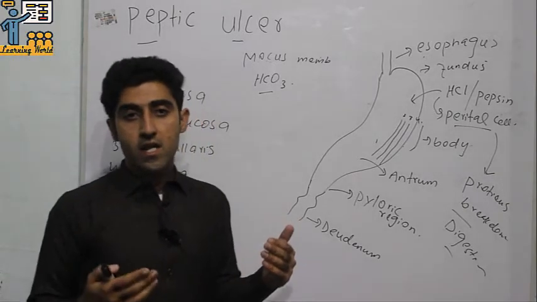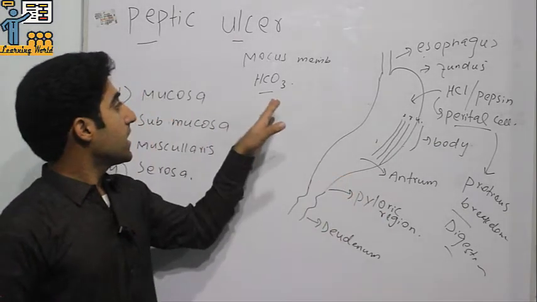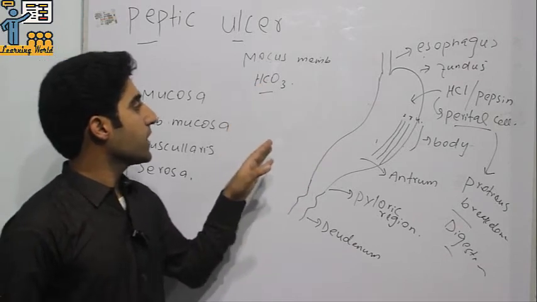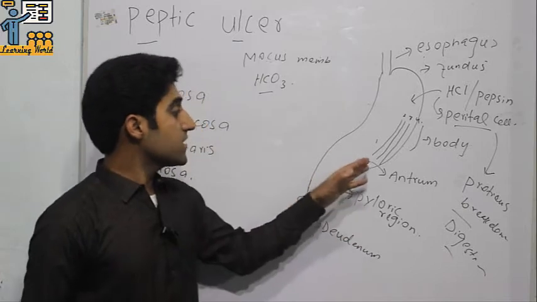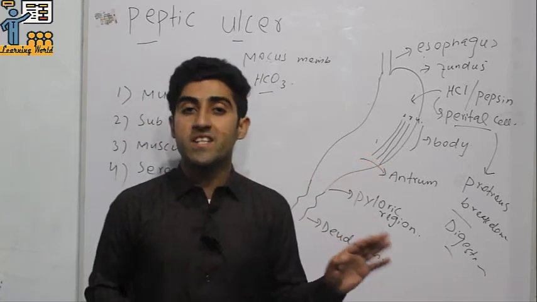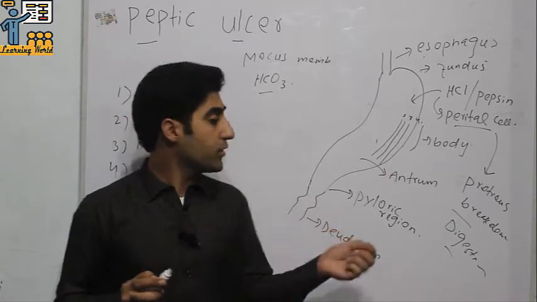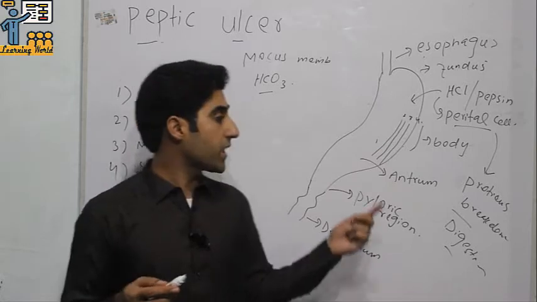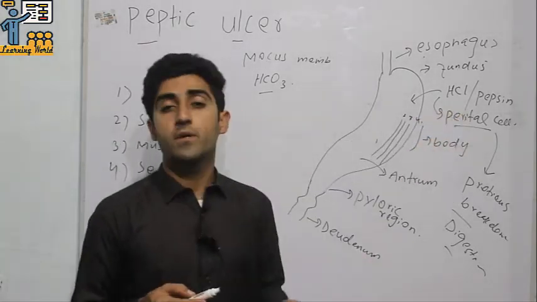Actually, these layers are made from protein. So, if the defensive factors of the stomach, such as mucous membrane and bicarbonate HCO3, are not present, these four layers of the stomach will be destroyed. There is a barrier present between these layers and the acidic environment of the stomach, which is the hydrochloric acid and pepsin.